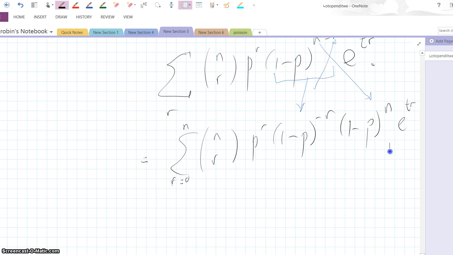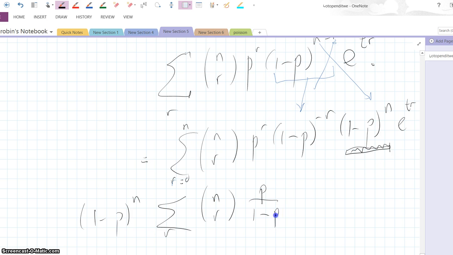Then I make the observation that this term has got no r in it, so I can just bring it out. So it's 1 minus p to the power n, sigma over r, n choose r, now this is clever, p over 1 minus p to the power r, e to the t to the power r.